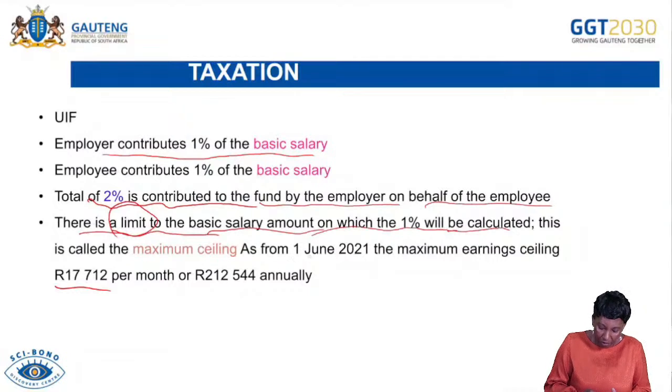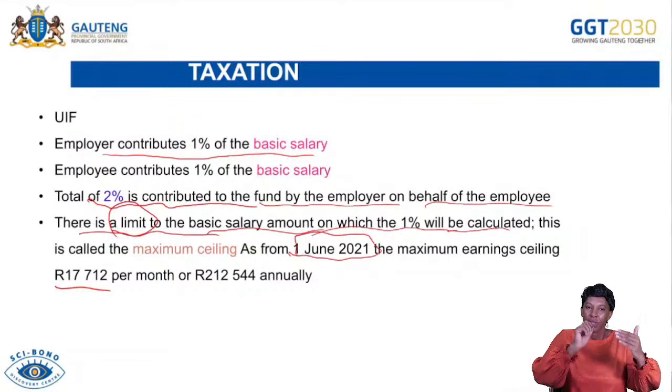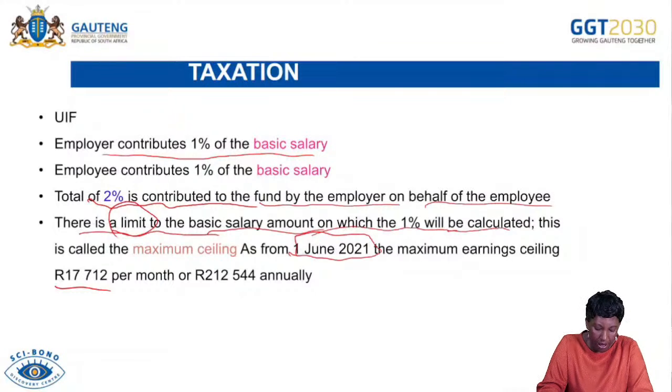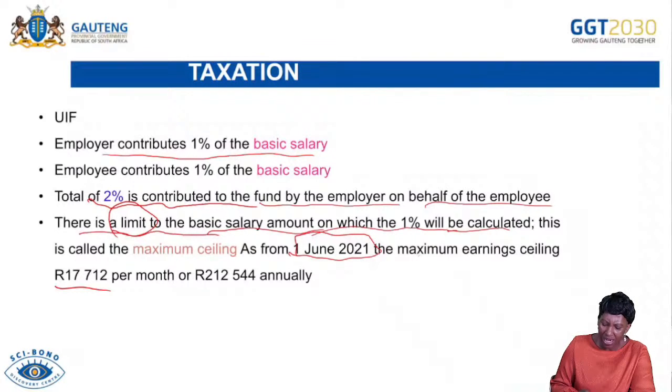From 1 June 2021, the Unemployment Insurance Fund sat down and said, because these people are contributing different amounts, we'll only have a maximum earning, which we call the ceiling.